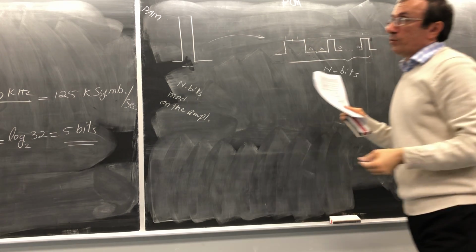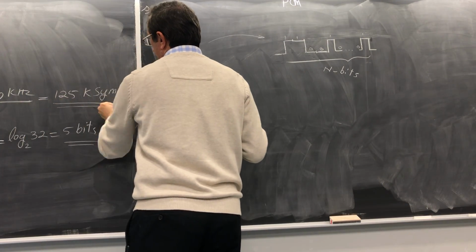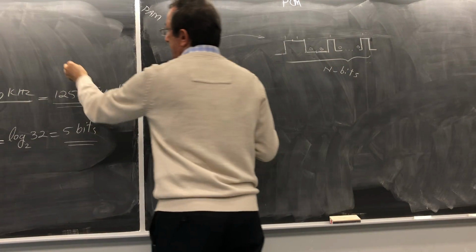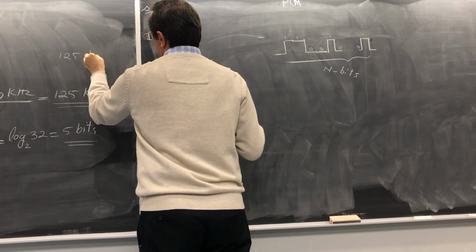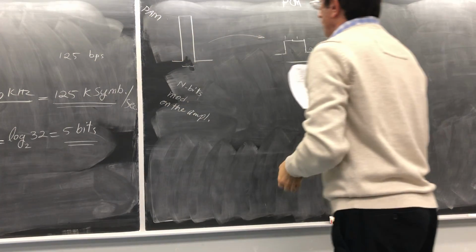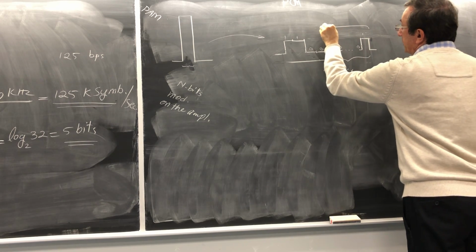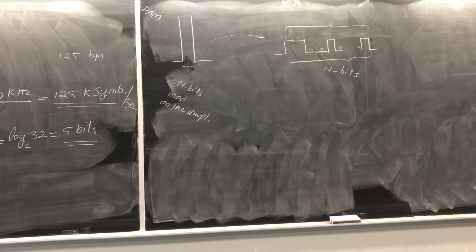Now that we have a PCM signal, this rate, 125 kilosymbol per second, means 125 kilobits per second. So each n bit now corresponds to a sample of an analog signal.